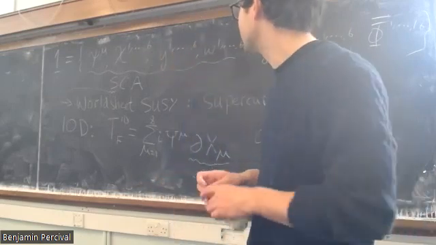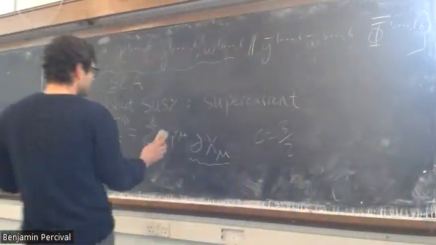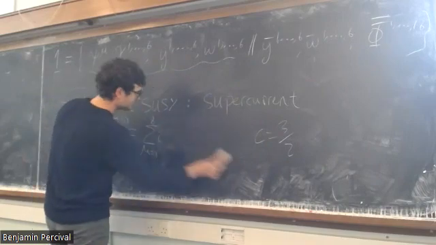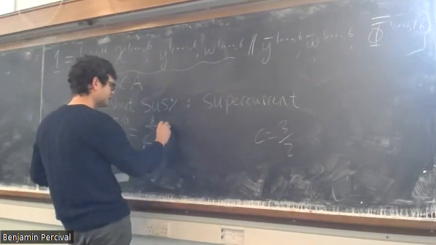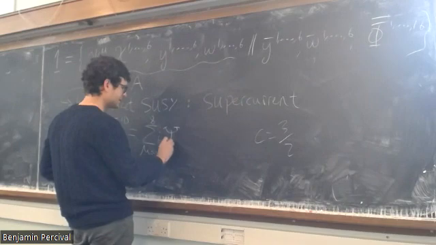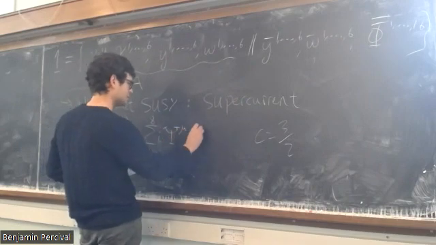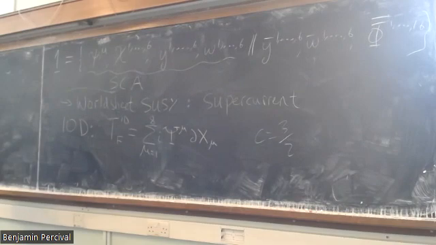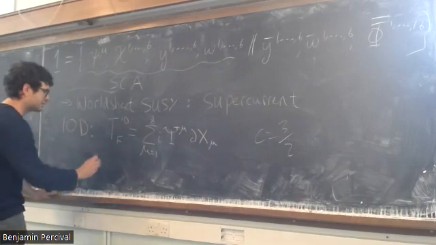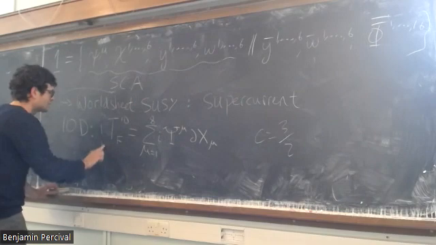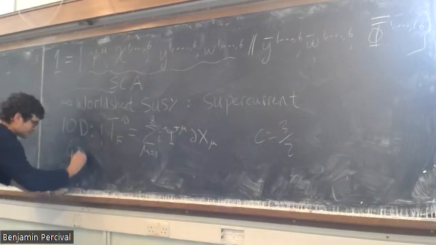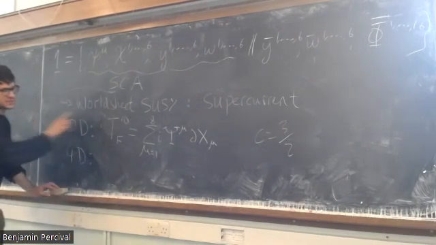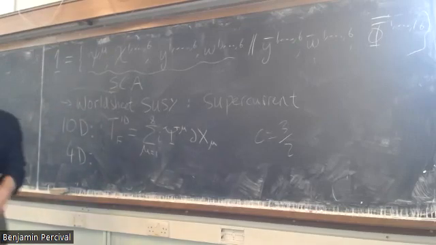But in 4 dimensions, so I don't know why I wrote this, so let me just rewrite this in a normal way. Okay. And then in 4 dimensions, you have to kind of extend this, and I'm just going to tell you what happens.